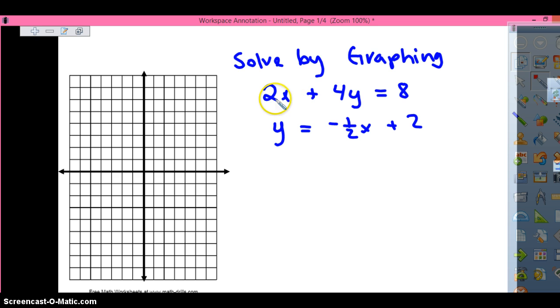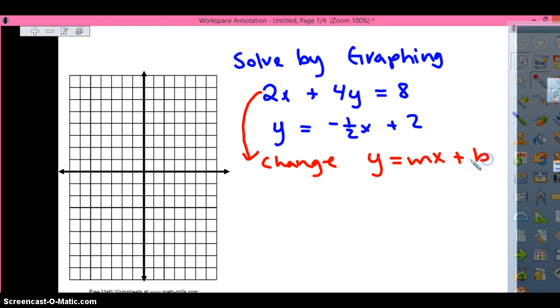We have to solve by graphing 2x plus 4y equals 8 and y equals negative half x plus 2. What do we have to do to the first equation? We have to change to slope-intercept form, right? So I'm going to do that first.